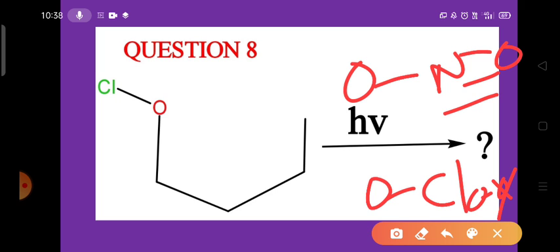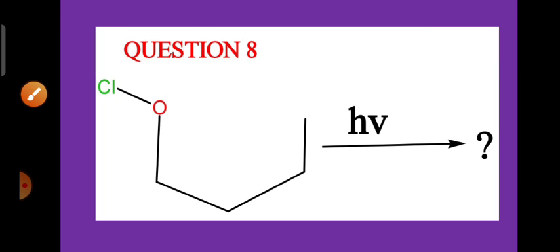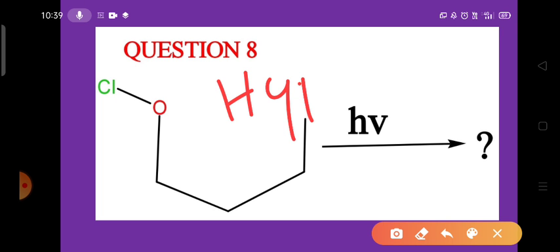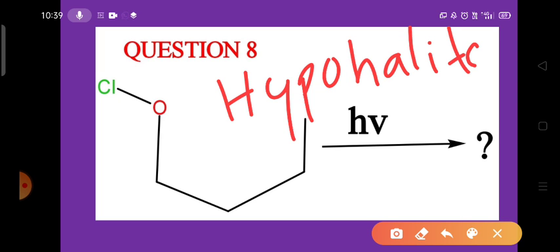This bond is also less stable, because like oxygen and nitrogen, oxygen and halogens are also strongly electronegative atoms. As a result, the O-X bond becomes unstable. The compounds which have an O-X bond are known as the hypohalites. So hypohalites are unstable. They also show the Barton reaction.